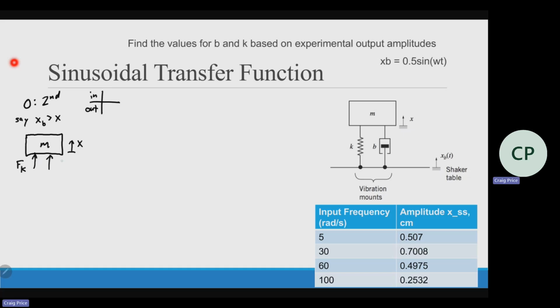But yes, it could go either way because it is between 2 points that can move. Both ends have a freedom to them. So there will be a delta involved here. Now the input is obviously the base motion and the output is the position of the mass.